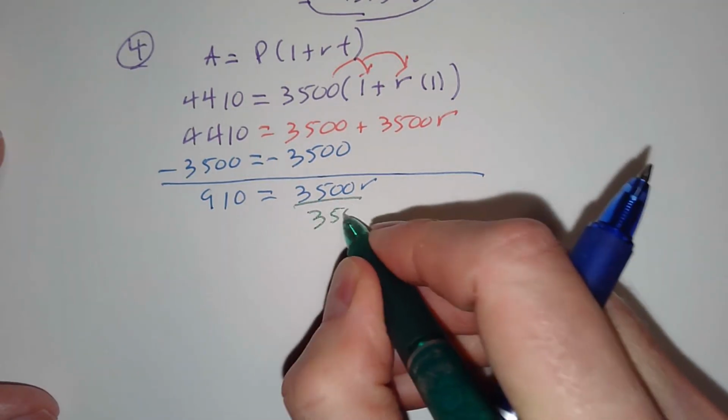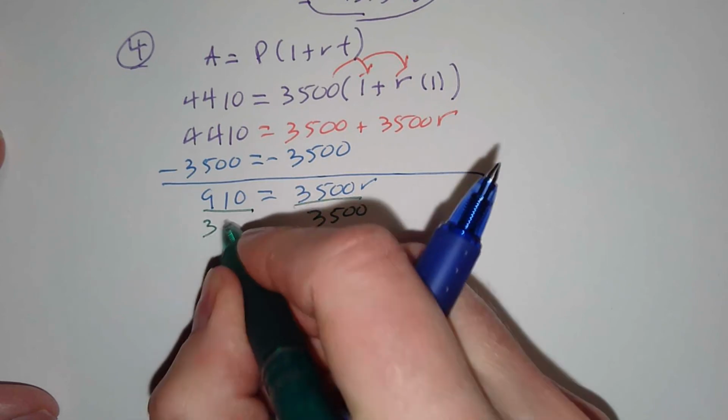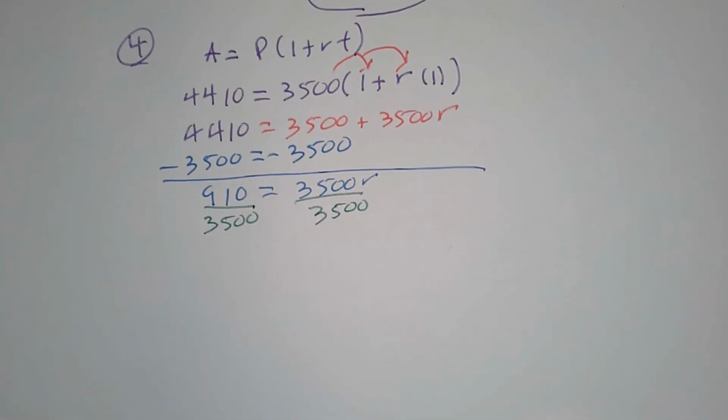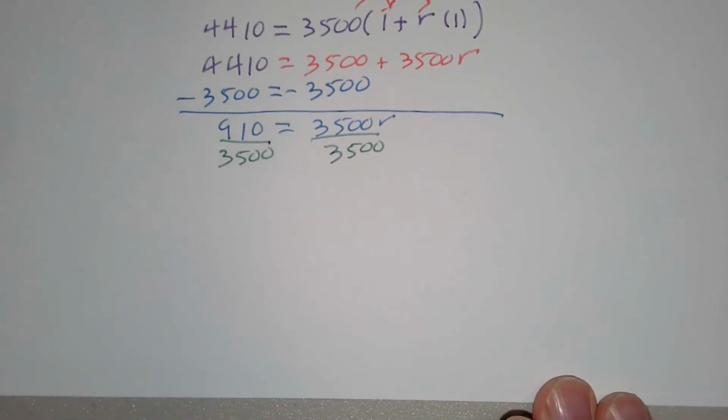To solve for R, then we divide by 3,500. Keep in mind, this is going to give us R as a decimal. So after we do this division, we need to convert that to a percent.